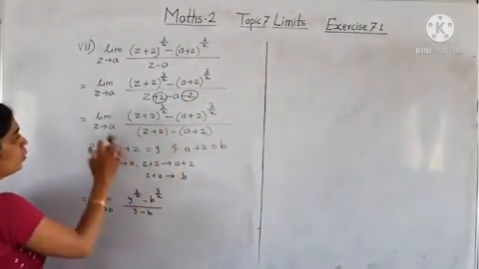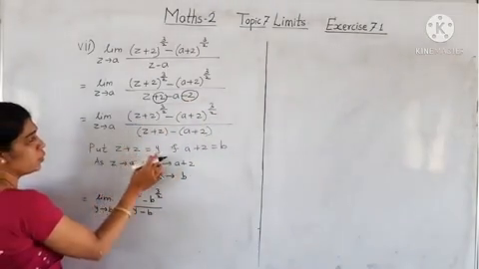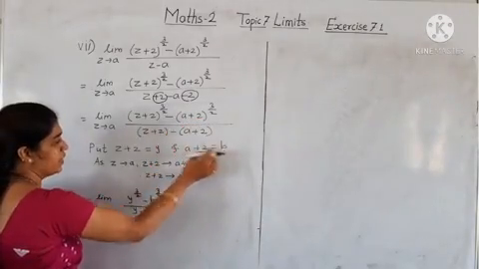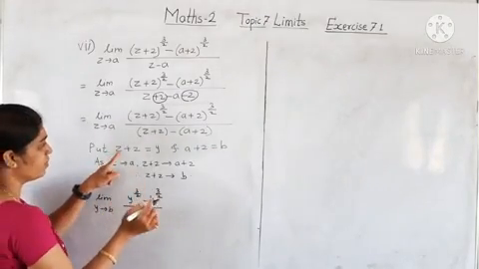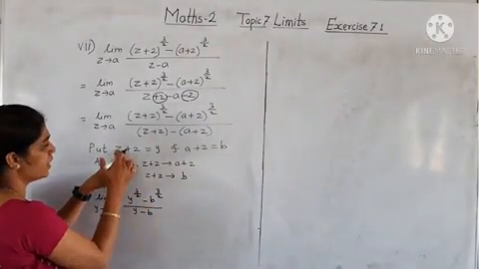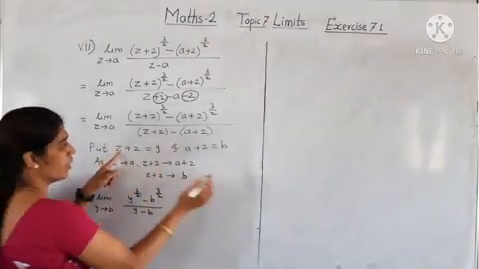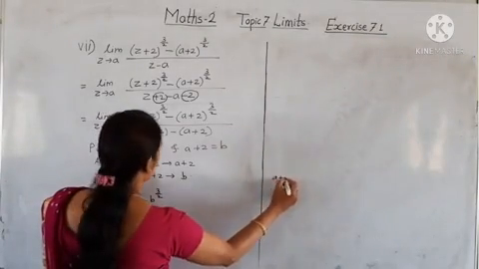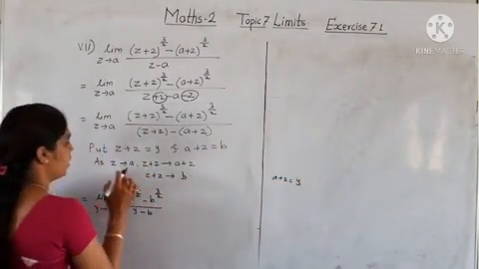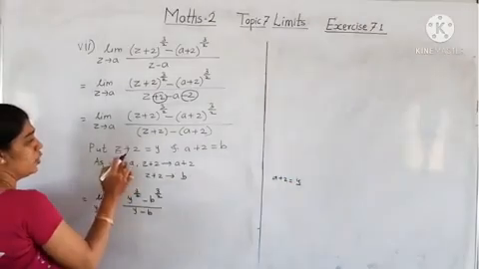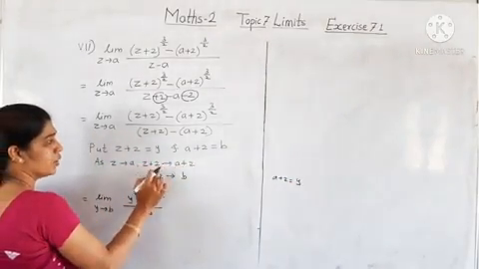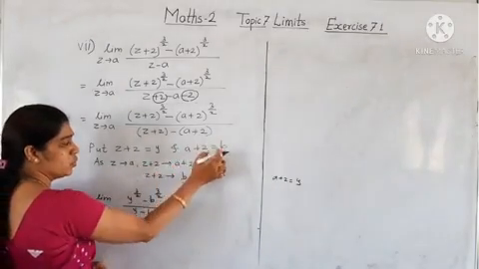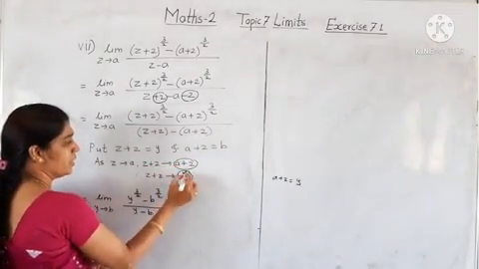Okay. Now put z plus 2 equal to y and a plus 2 as b. Therefore at z tends to a, if the value of z becomes a, suppose here a plus 2 is equal to b. So as z tends to a, z plus 2 tends to a plus 2. And what is meant by a plus 2? A plus 2 means b.